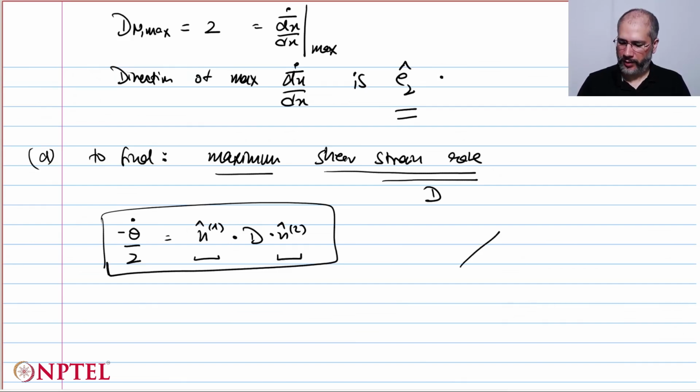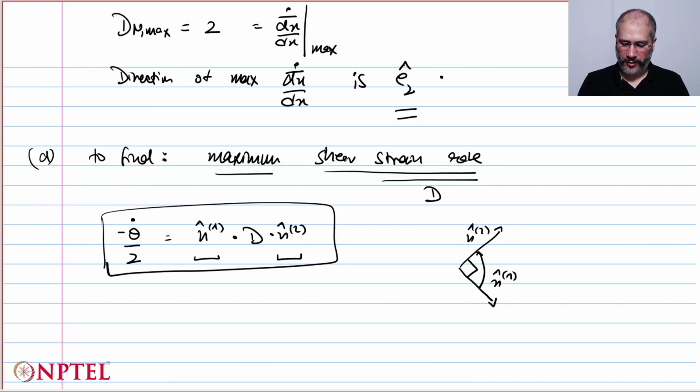So basically if you take two perpendicular vectors n1 and n2 and notice how the angle between these is changing with time, that is theta dot. In this formulation we have a minus theta dot by 2. So this is basically half of the rate of decrease of the angle theta that initially is a right angle with time.